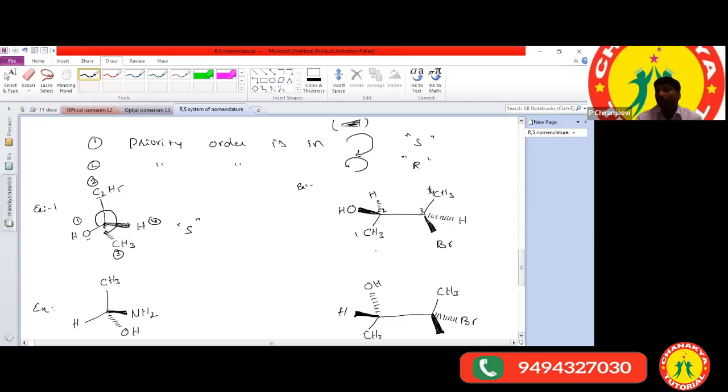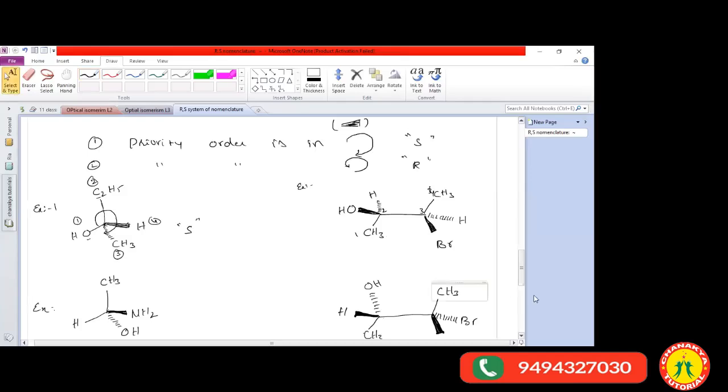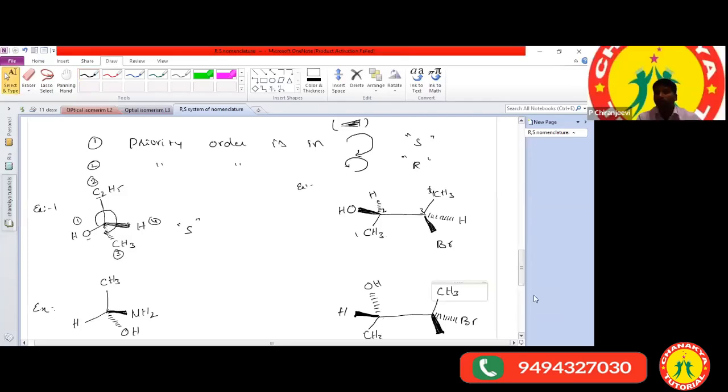Now, in this one, how many chiral centers are there? Sir, is it 2? Very good, Anjan. So 2 chiral centers. That means which carbons undergo the RS configuration?